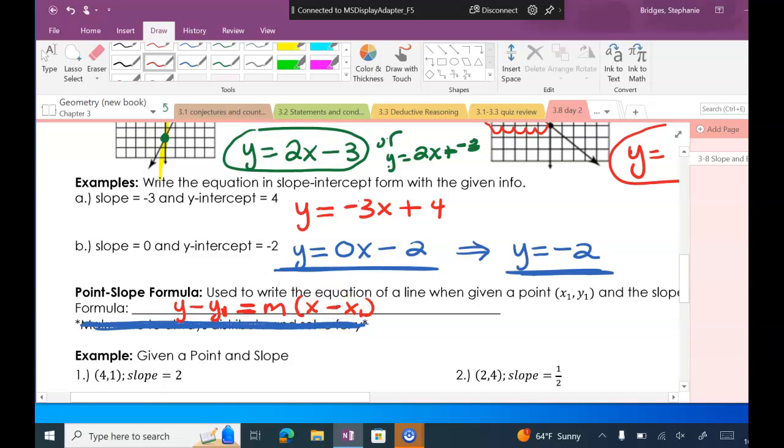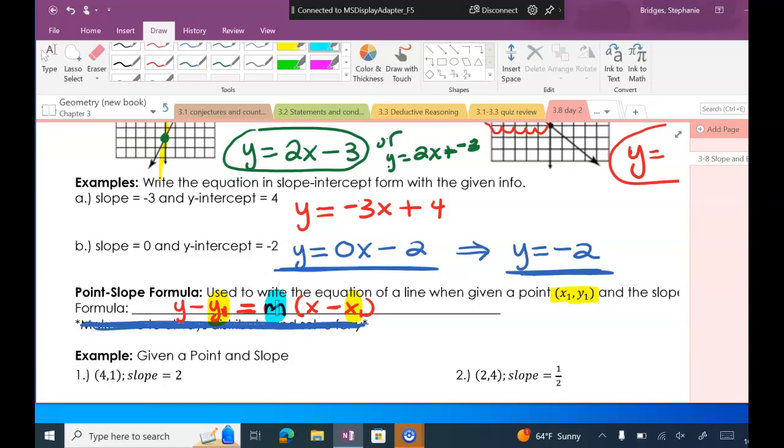So y minus y1 equals m times x minus x1. When we plug numbers in, your point, your x1 and your y1 get plugged in here and here. And then your slope will get plugged in for m. The remaining parts of the equation will stay as they are. Only those highlighted portions are where we plug numbers in.